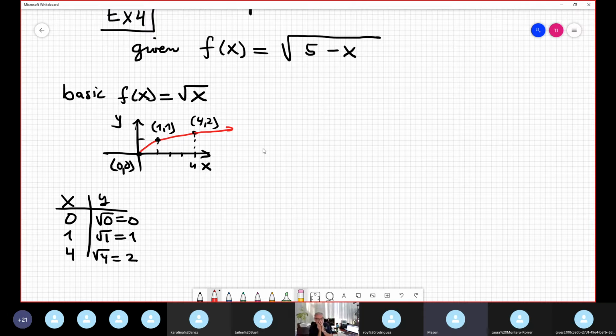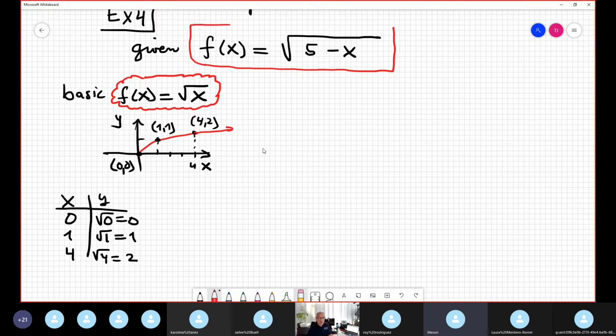Okay, now the complicated part. Pay attention, please. I want somebody to discover what transformation we are doing to this basic square root to get that one. What do you think?